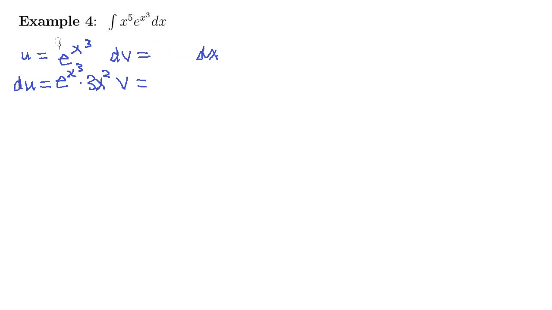Well, it turns out here that we need to use a u substitution to simplify this first before we do our integration by parts. And what I see here is if I take this x to the fifth, and you wouldn't see this unless you've seen an example probably, take that x to the fifth and break it up as x cubed times x squared.